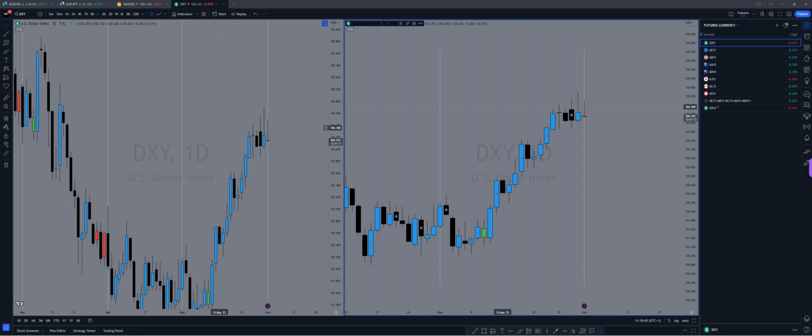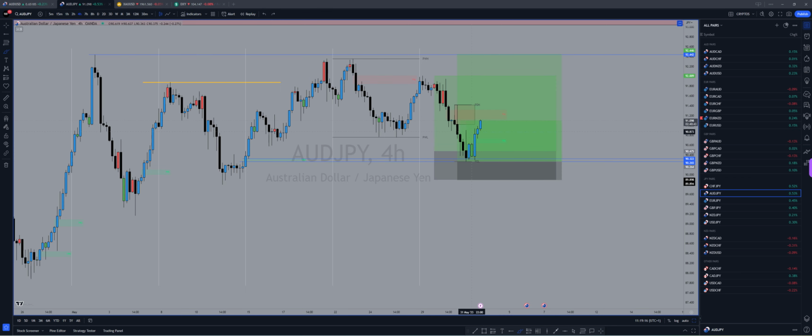So for example, if you're looking at the futures market, the currencies, and you see that euro is strong and pound is weak, that will give you euro pound, and then you go and buy euro pound. If yen is weak and Aussie is strong, you go in and you buy Aussie yen, right? You can just look at price action on the Aussie yen and trade it like that.